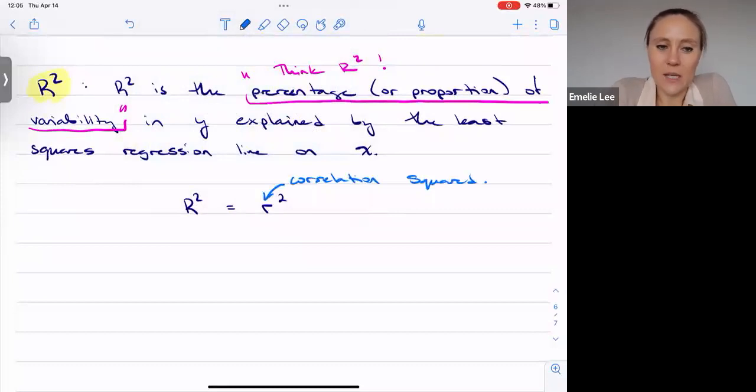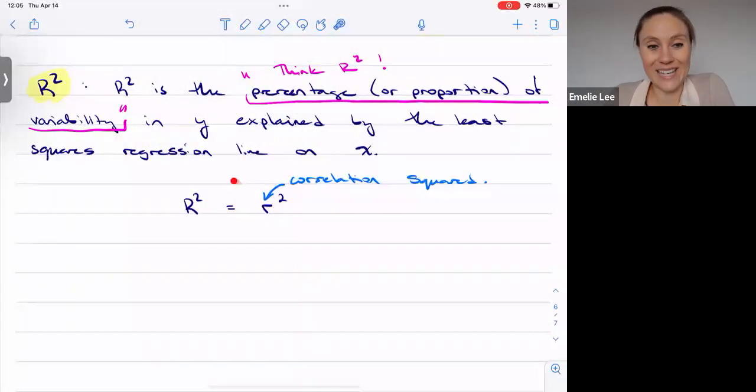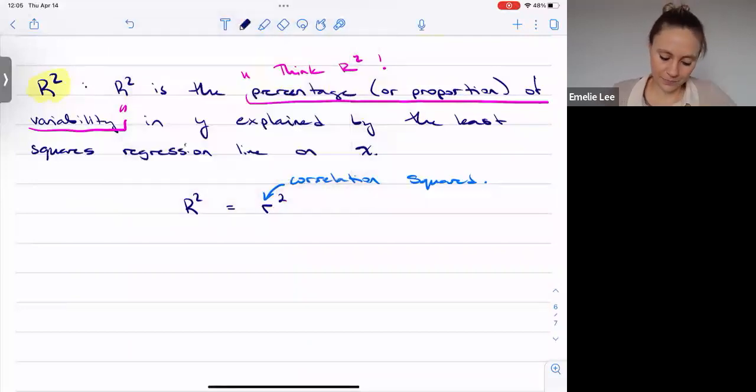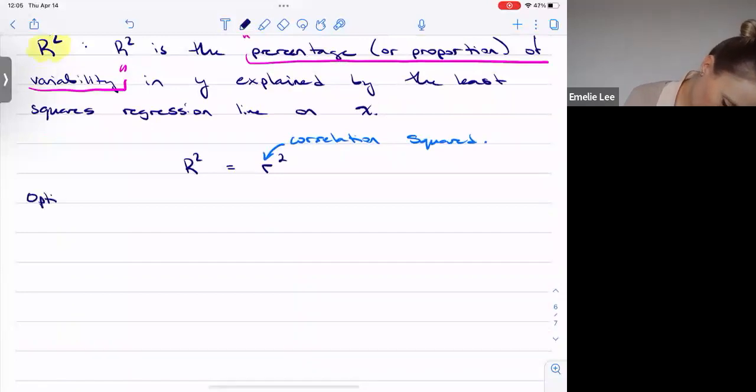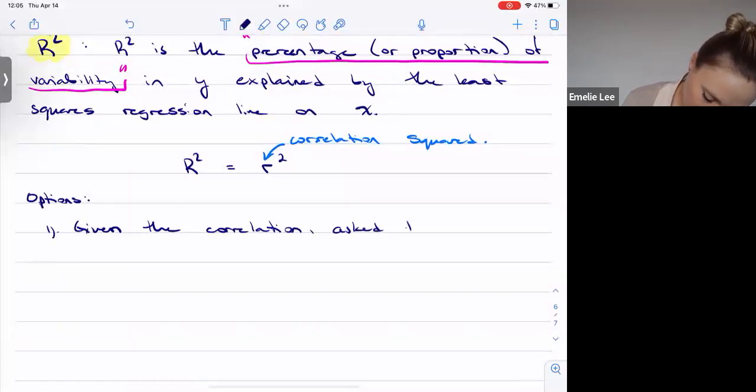So we need to be able to work back and forth here. If you have the correlation and you're asked to find the R squared, then you need to square your correlation. And then if you want it as a percentage, you have to multiply it by 100. If you want it as a proportion, then you leave it as is. So option 1 is you're given the correlation and asked to find R squared.